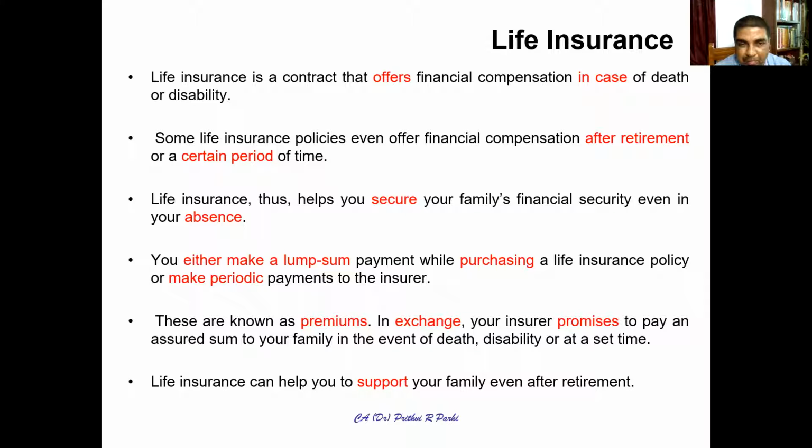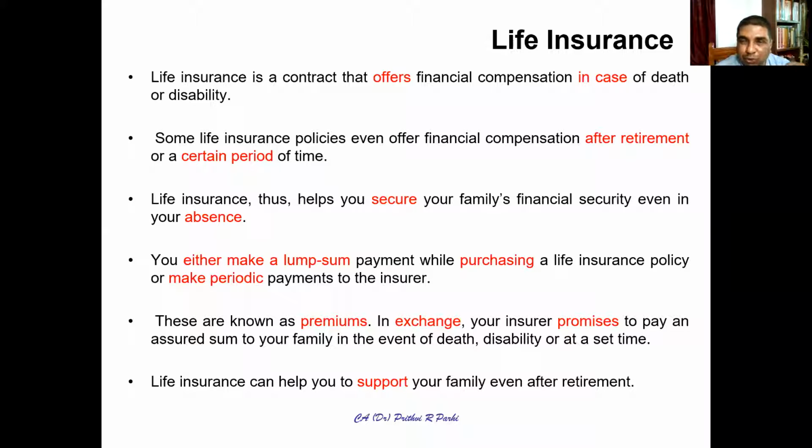On receipt of this premium, the contract is entered into. The insurance company promises that on the happening of a certain event, here the death, it will compensate the family members of the insured. It's a promise to give some compensation to the family members.